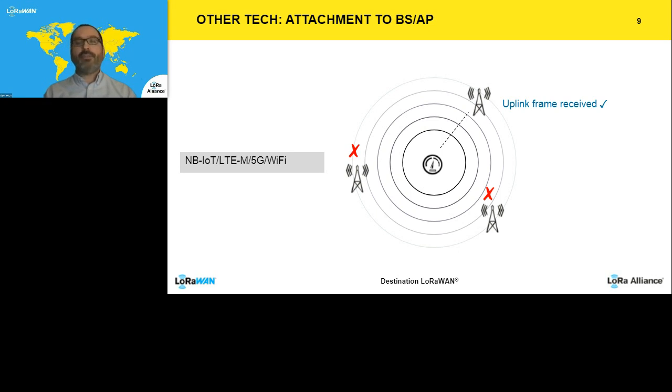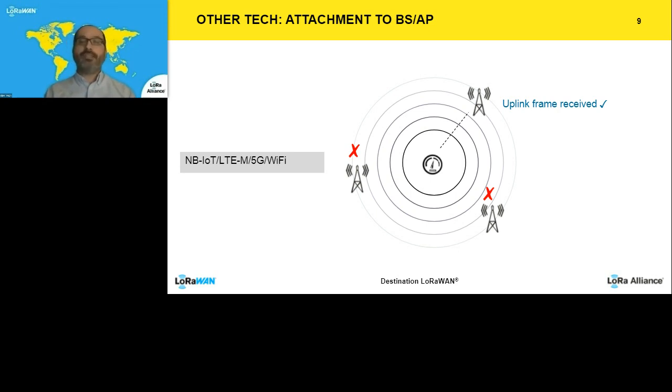The end device would attach to a base station or an access point. Depending on which technology you use, the terminology is a little bit different, but there's this attachment procedure. And after that point on, all the traffic transmitted by the device, like the sensor in this case, would only be served by that single base station or single access point that serves the end device.